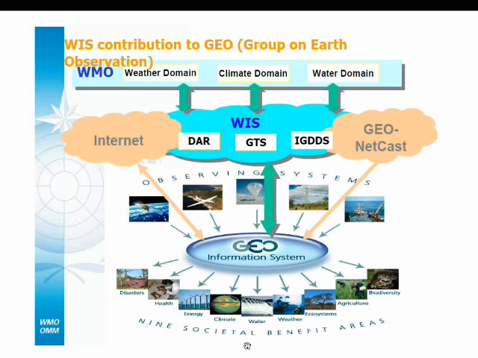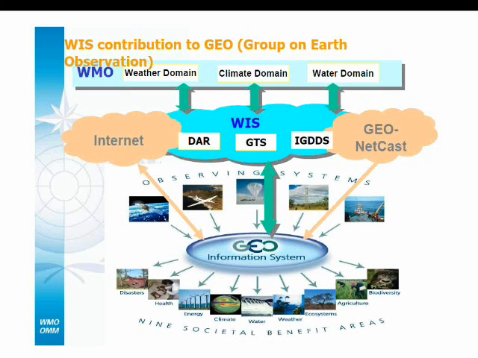And this is the collaboration with GEO, Group on Earth Observation. GEO represents a wide range of community belonging to 9 social benefit areas. Disaster, health, energy, and so on.